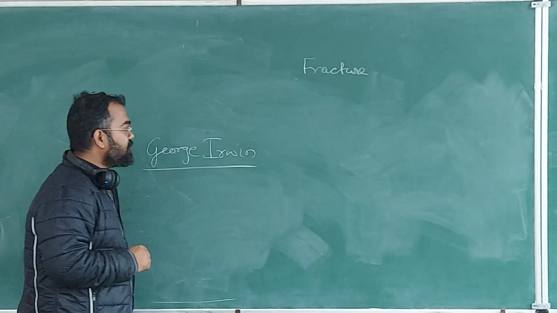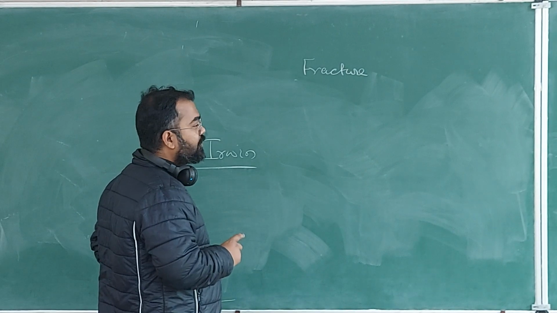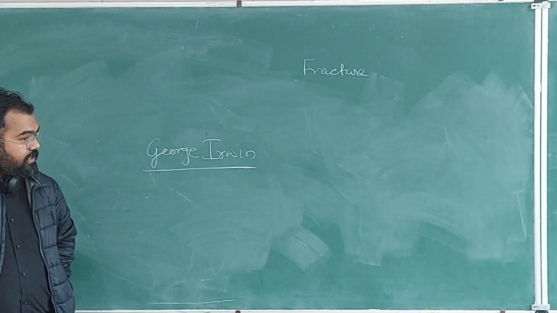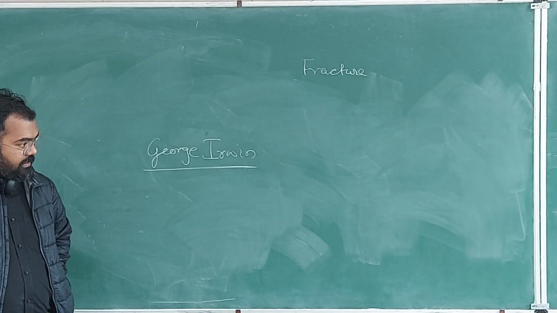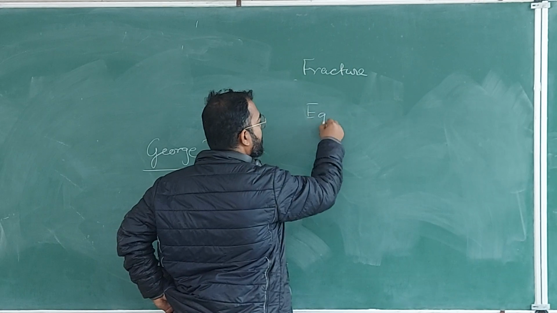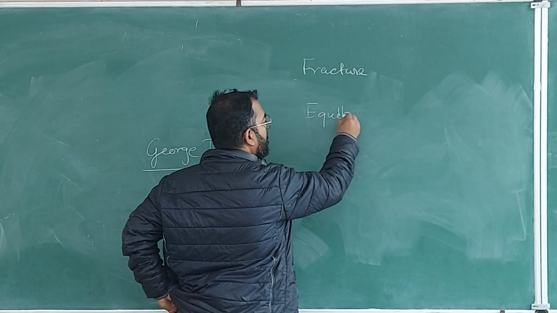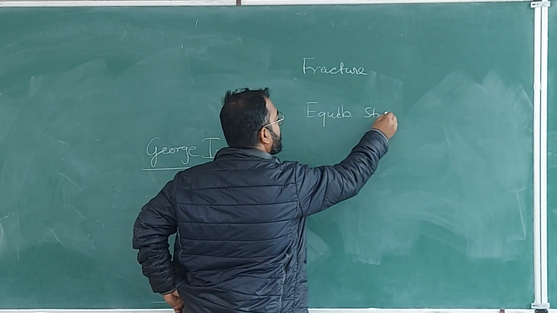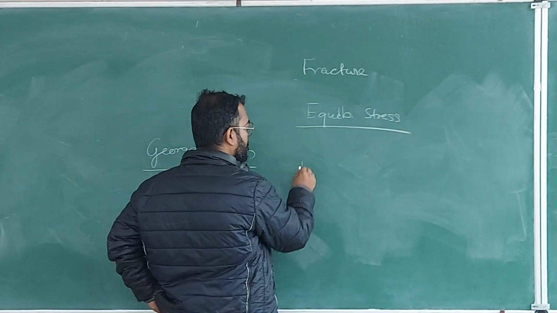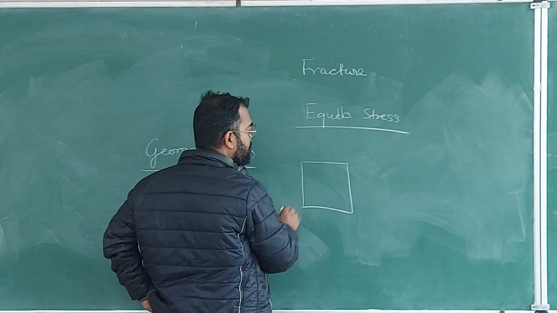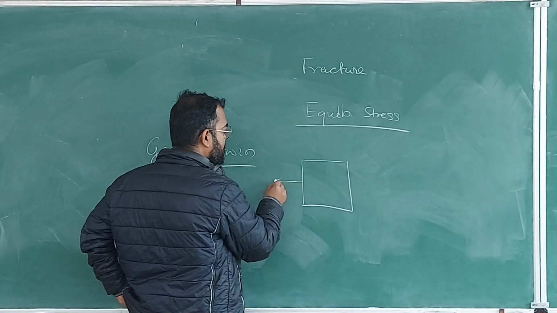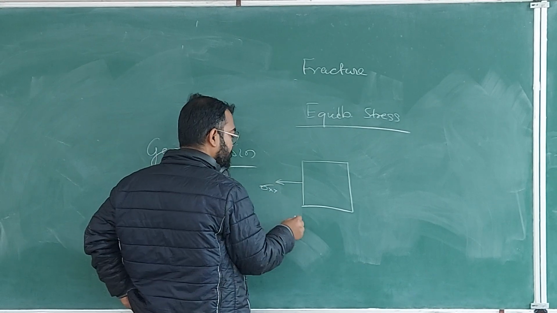Okay, so before we go to what George Irwin does, we will have to understand a few things. One of the things is equilibrium when we have stresses, and that is pretty simple. In brief, I have told you. Instead of 3 dimensions, if we look in 2 dimensions, let us say we have sigma xx here.